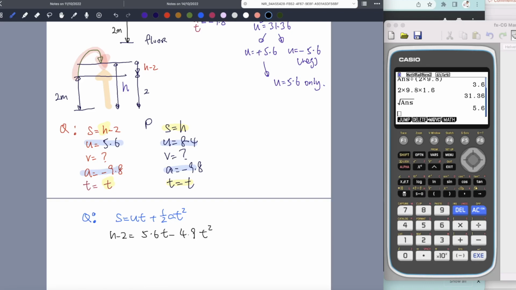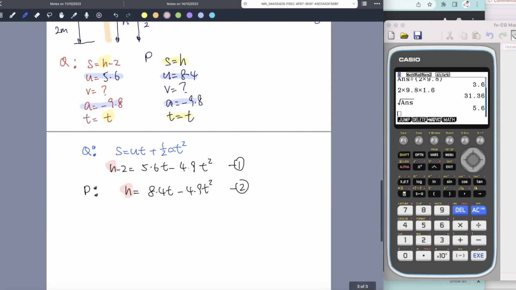This is a quadratic simultaneous equation. For P, that's your equation 1. Your equation 2 is H equals 8.4T minus 4.9T squared. And we can clearly see, we can substitute it in and solve.